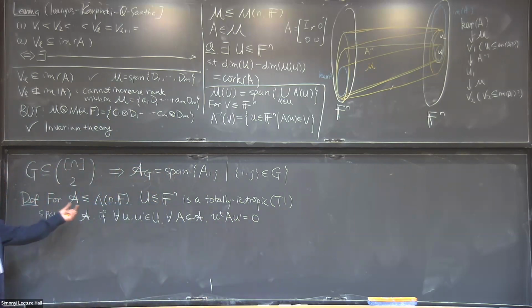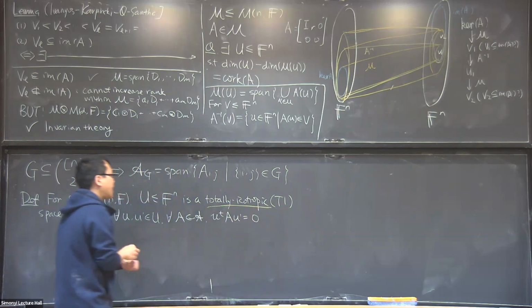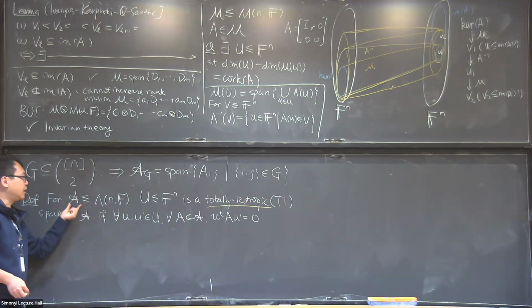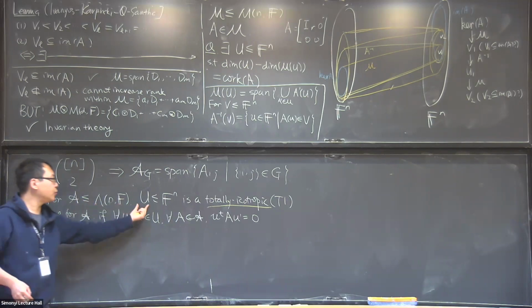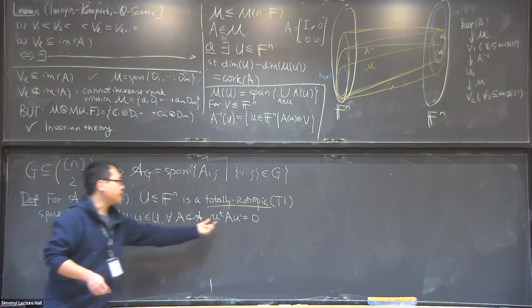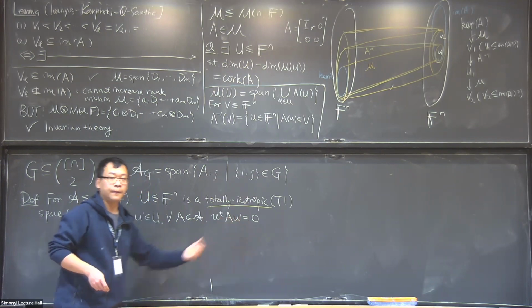So in other words, a totally isotropic space is a subspace where, when you restrict every A in this alternating matrix space to this U, it should be a kind of zero map. Because zero map means that the bilinear form evaluating on two vectors equals 0.